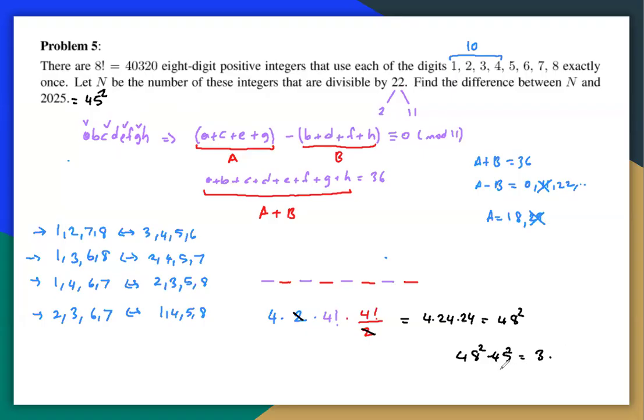So let me double check. So 48 squared, and then let me double check. So that will be 98, 93, I guess. Actually 93, not 803.